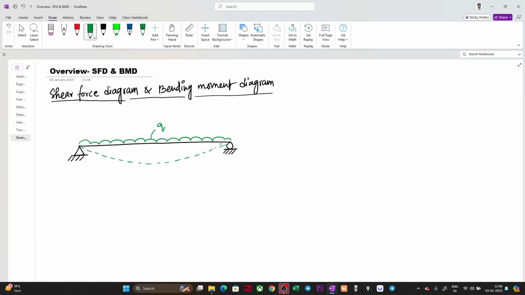So what actually is a beam element? It's nothing but a structural element, which generally resists loads applied to its longitudinal axis.